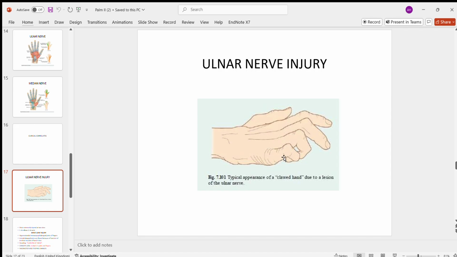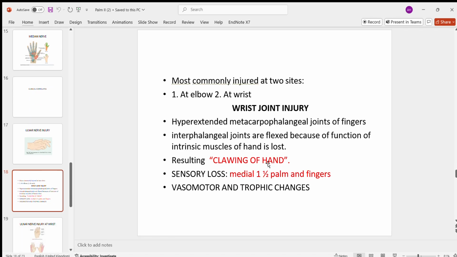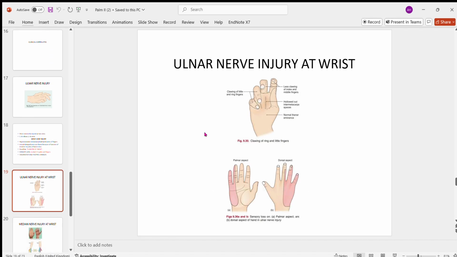So the position of the hand is such that there is extension at the metacarpophalangeal joints and flexion at the interphalangeal joints. So the position of the hand is like this claw. This is again showing the ulnar claw hand.